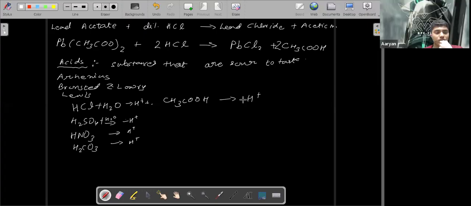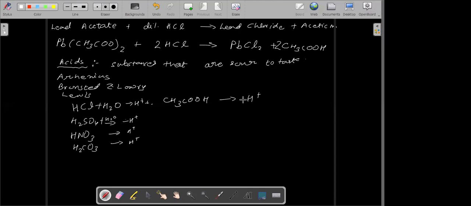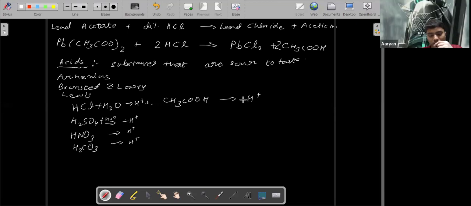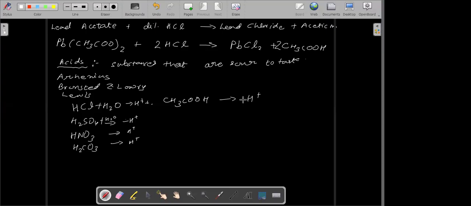Sir, mineral acids are those which are partially ionized. No, no, that is weak acid. Sir, mineral acids are those that are prepared in a laboratory.